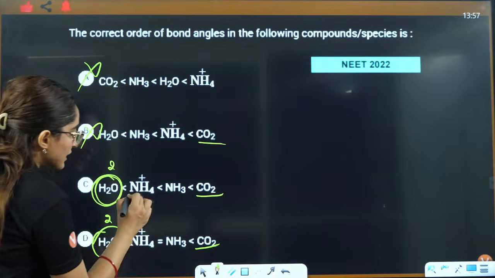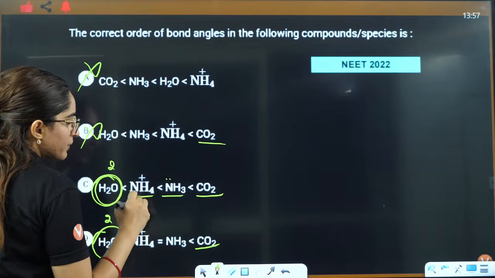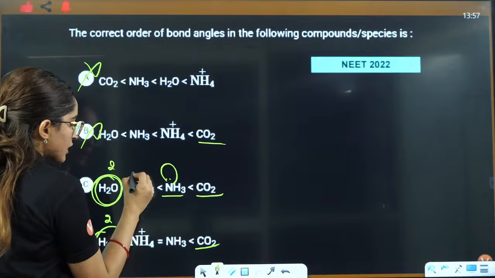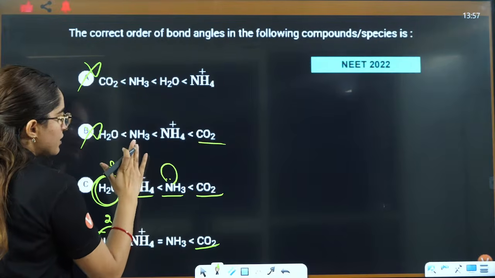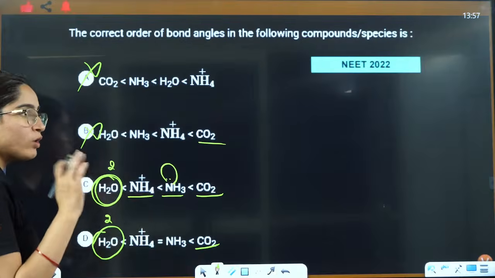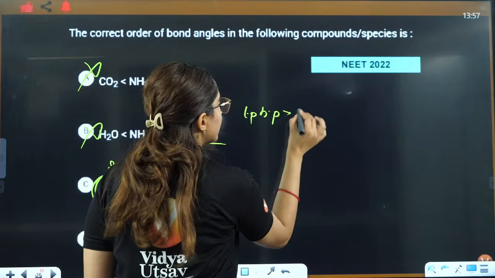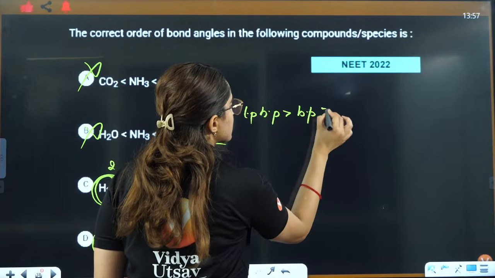Now if you see this one and this one, the only difference is that this has a lone pair here, and here instead of a lone pair you have one more hydrogen atom. So here it is lone pair, lone pair repulsion; there it is lone pair, bond pair repulsion. Remember, lone pair-lone pair repulsions are greater than lone pair-bond pair repulsions.